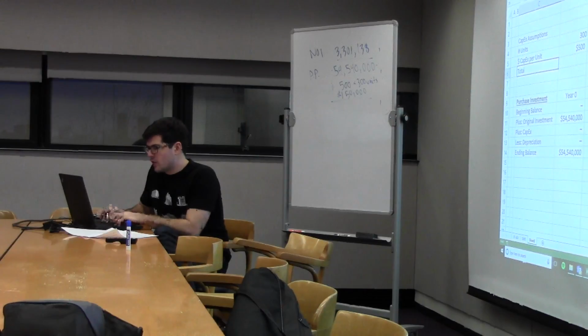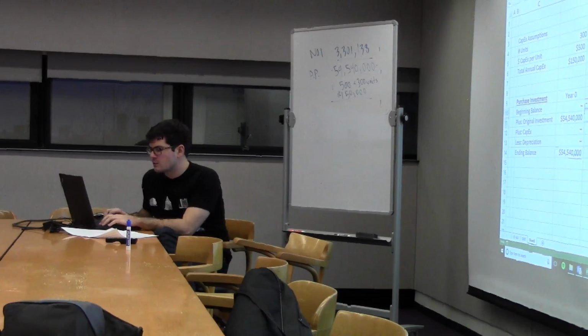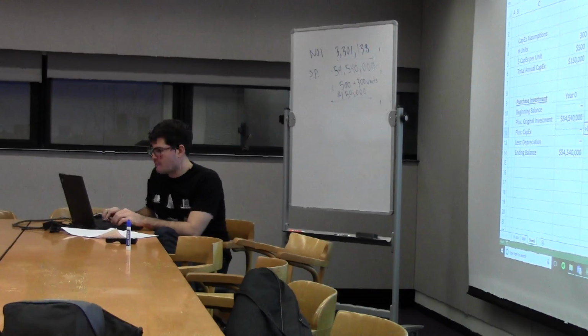So total annual CapEx, this is every year, it's going to be 300 times 500, 150,000. So to our beginning balance, we have to make a positive adjustment for CapEx of 150,000.